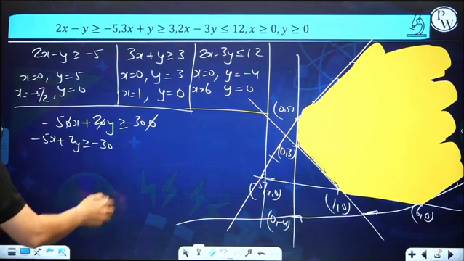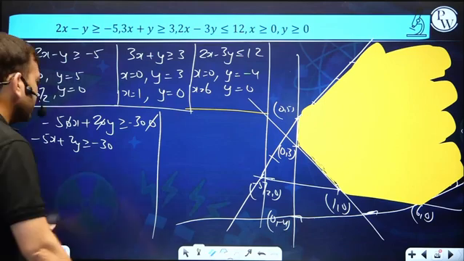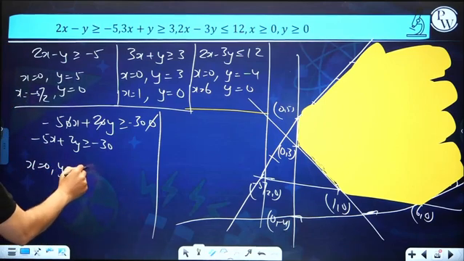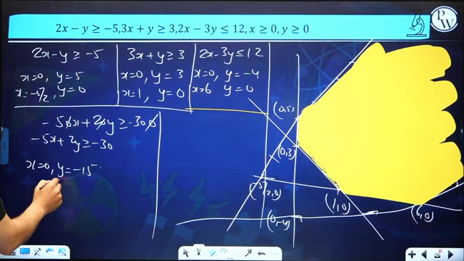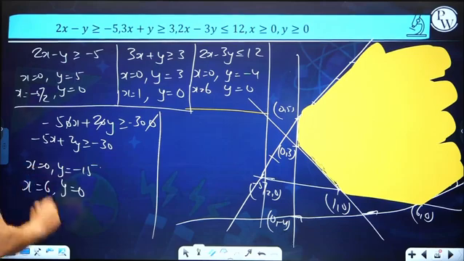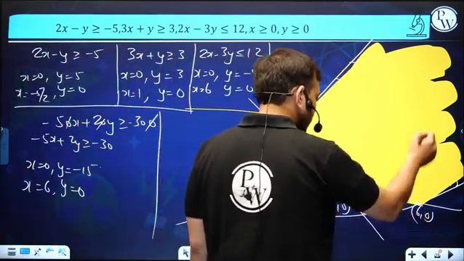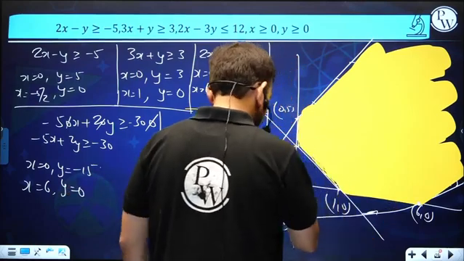Now you need to plot this line. Sir, if I put x equals to 0, y will be minus 15. If I put y equals to 0, x will be 6. So this point, and some point will be there at minus 15.